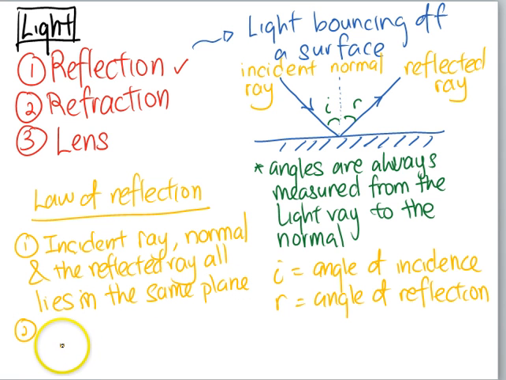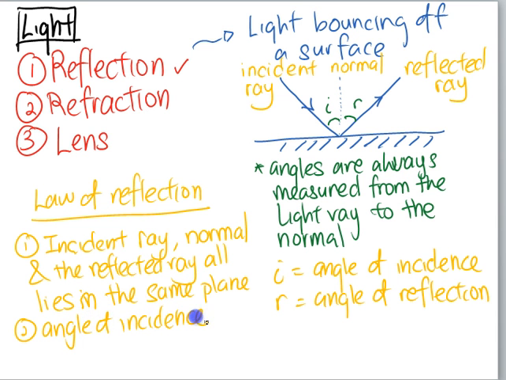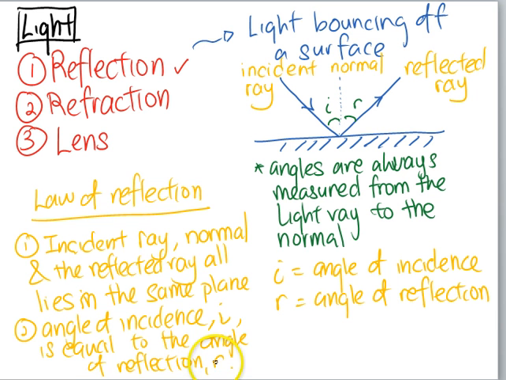The second part is generally a simpler one. It is that the angle of incidence, i, is equal to the angle of reflection, r.